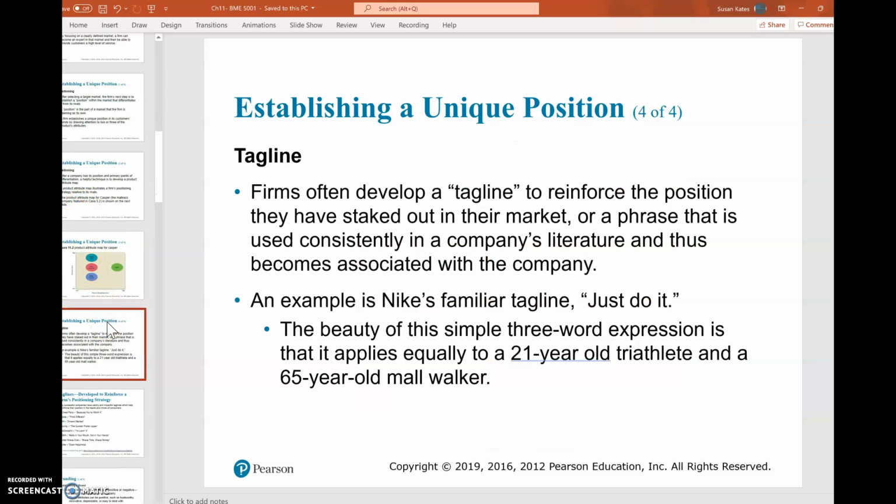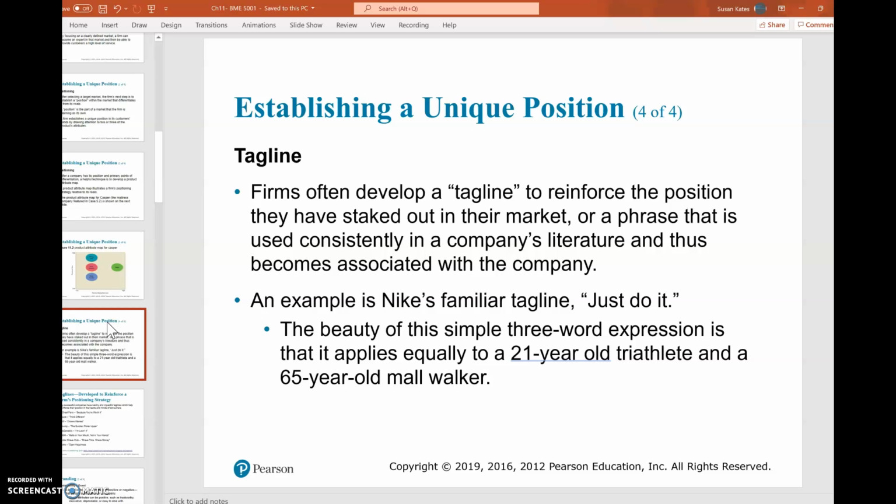So you come up with a tagline, and you should test taglines, by the way, to see what resonates with people. For example, Nike's familiar slogan, just do it. The beauty of this simple three-word expression is that it applies equally to a 21-year-old or to a 65-year-old, right?